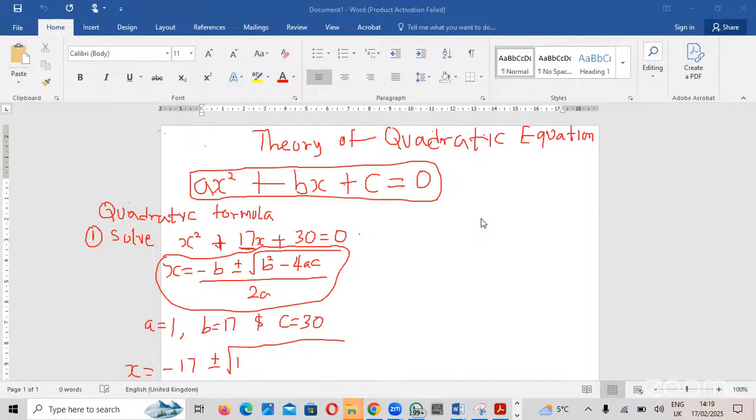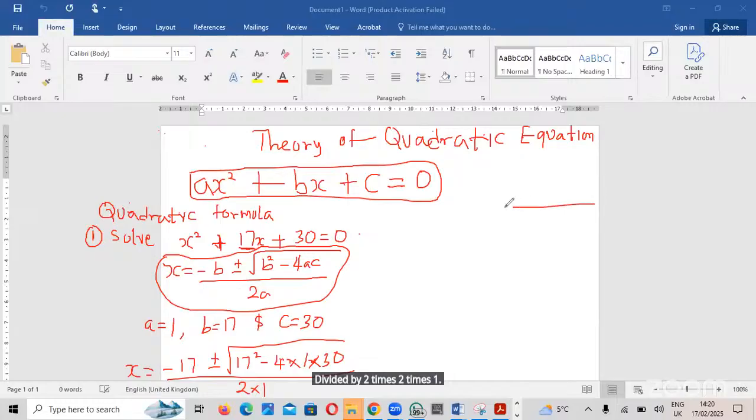Okay, so let's continue. So we have 17 squared minus 4 multiplied by a, my a is 1, multiplied by my c, which is 30, then divided by 2 times a, 2 times 1.